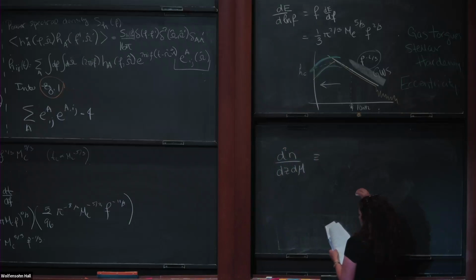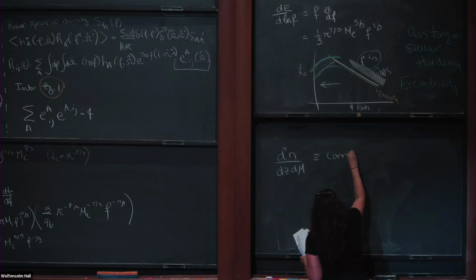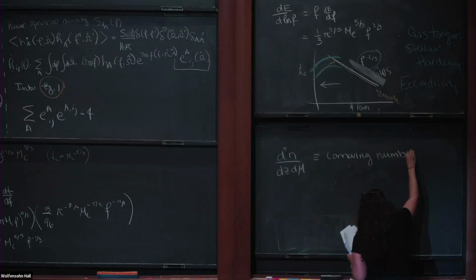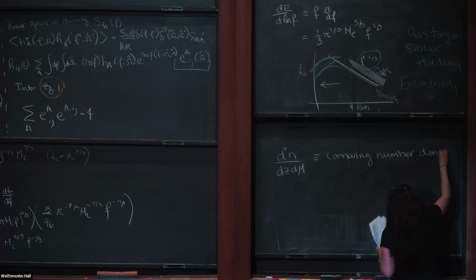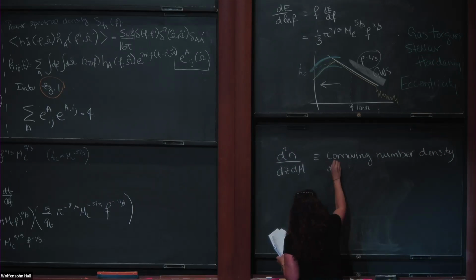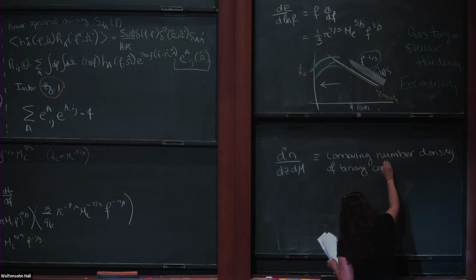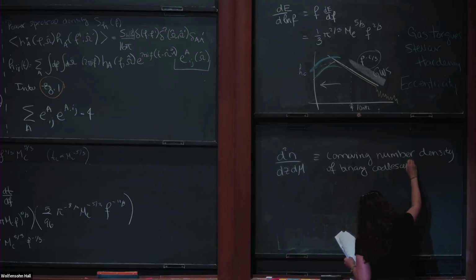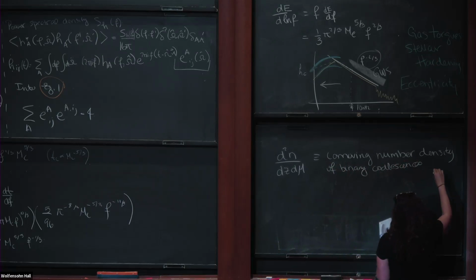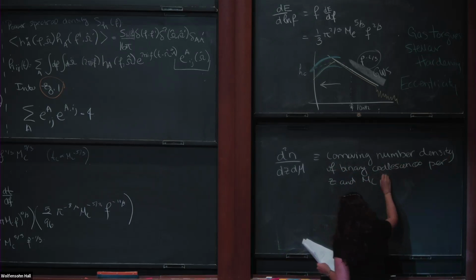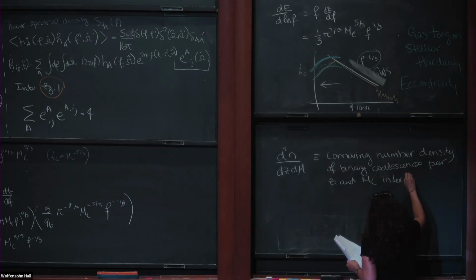And this is the co-moving number density of binary coalescences per redshift and chirp mass interval.